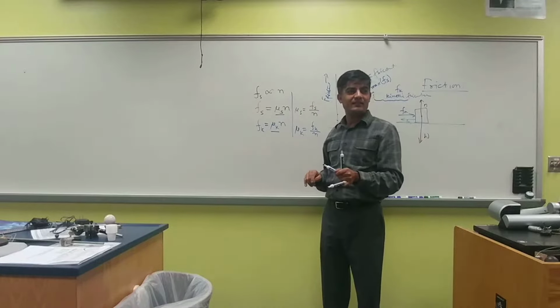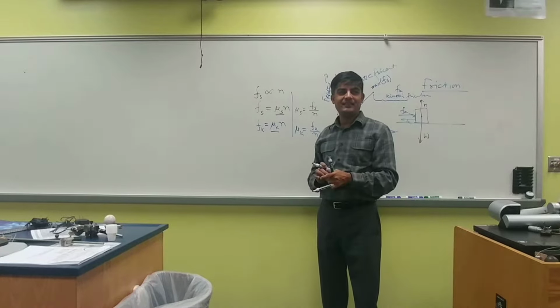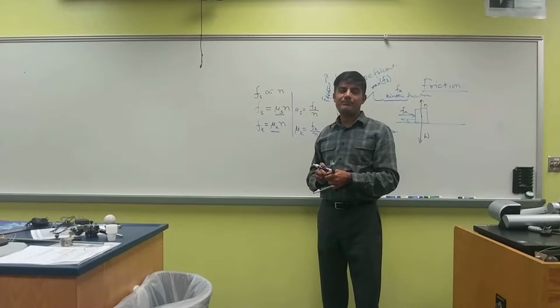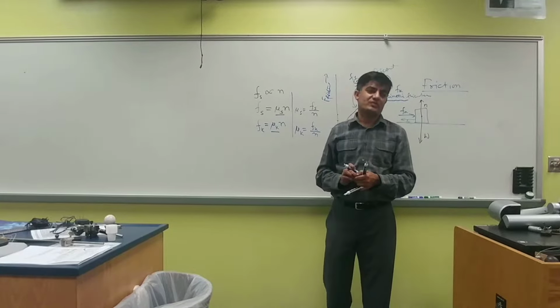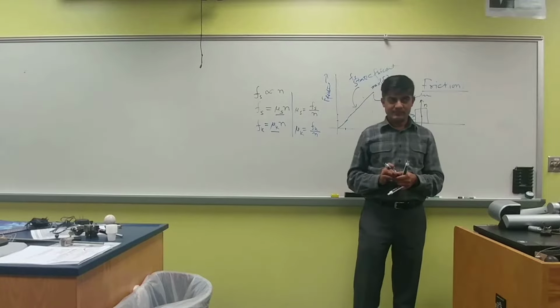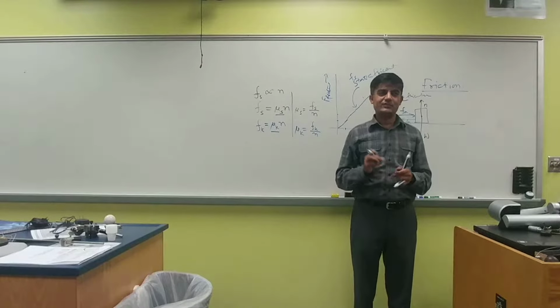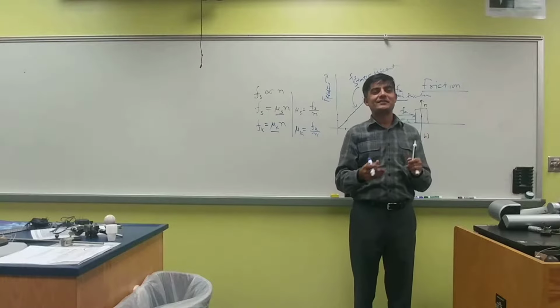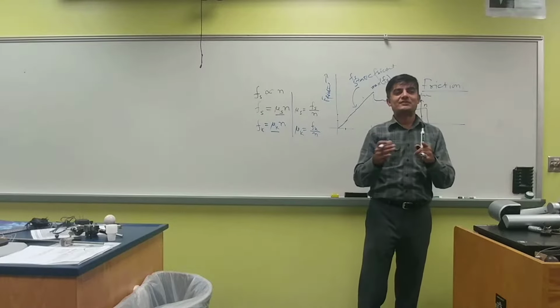Is the reason why mu is larger because it takes more energy to start moving an object than to keep it moving? Yes. It's more force, not energy. Well, kind of, it relates to energy because energy is force times distance.